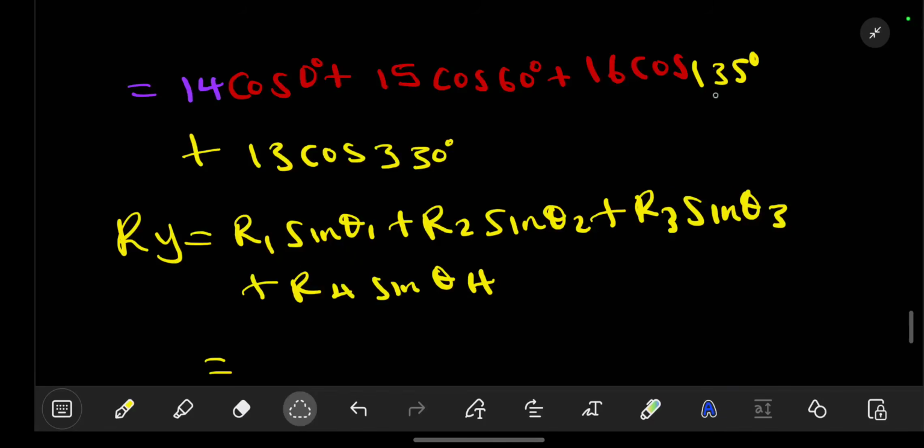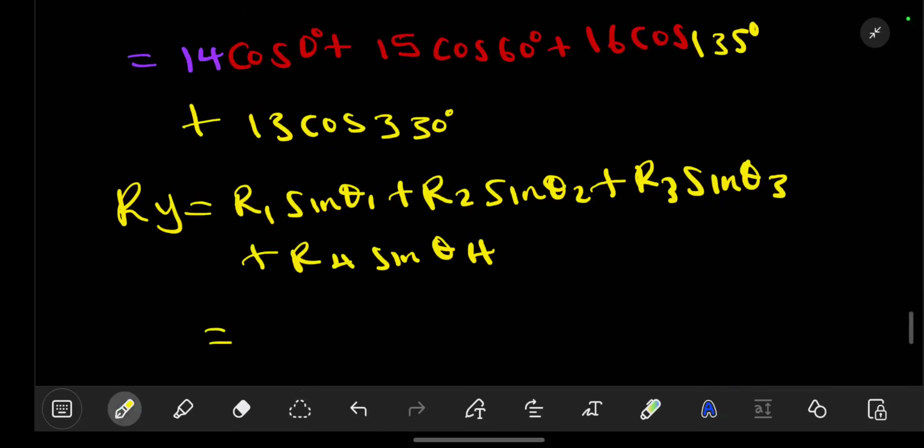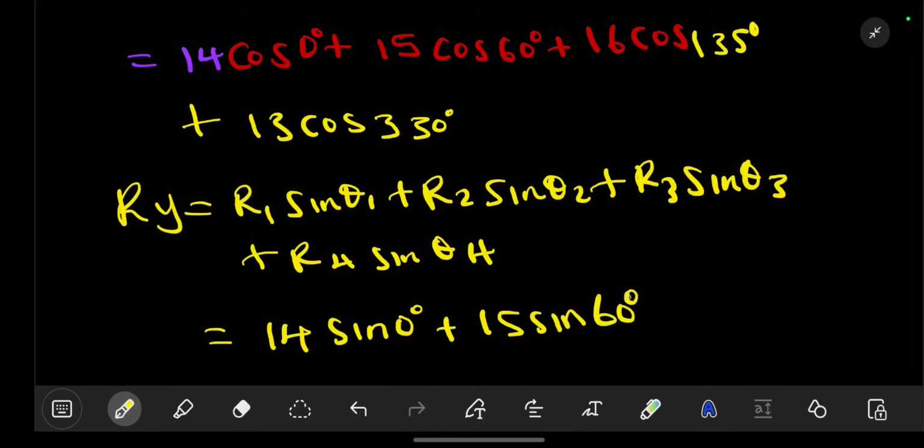Now I have found everything, so all I have to do is substitute. Comparing with that equation, it will be my 14 sine of the angle, which is the same, 0 degrees, plus my next value, 15 sine of 60 degrees, plus my 16 sine of theta 3, which is equal to 135 degrees.